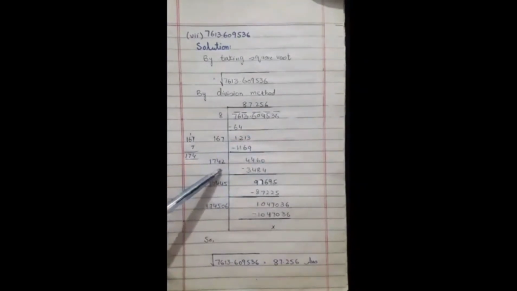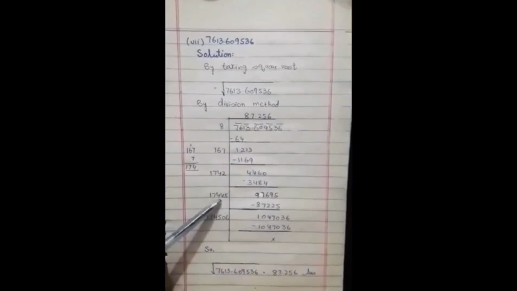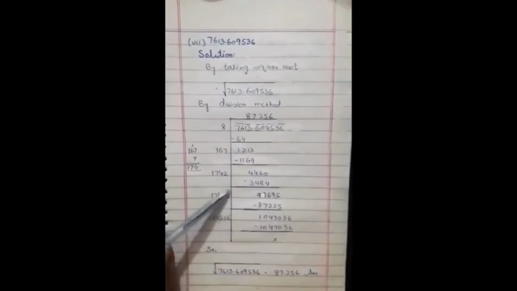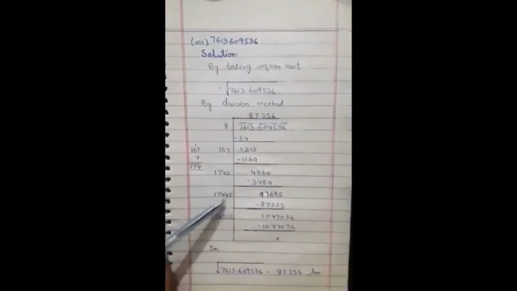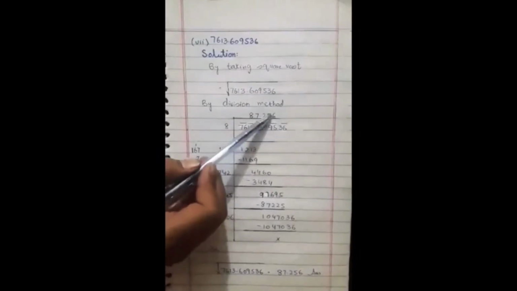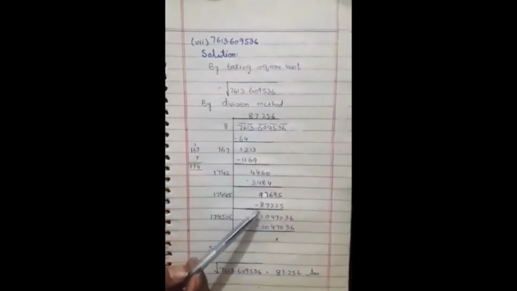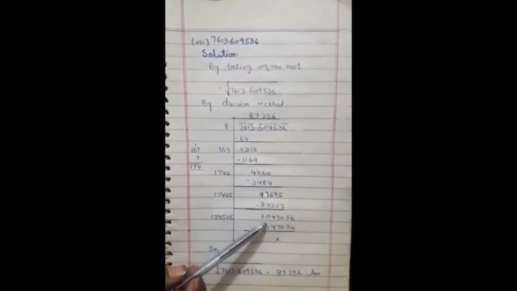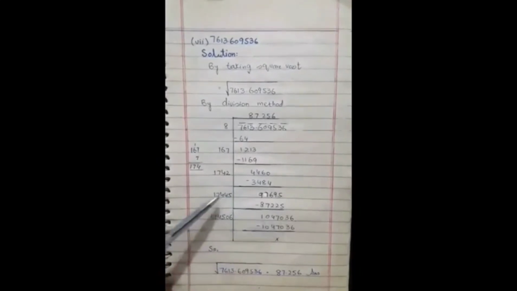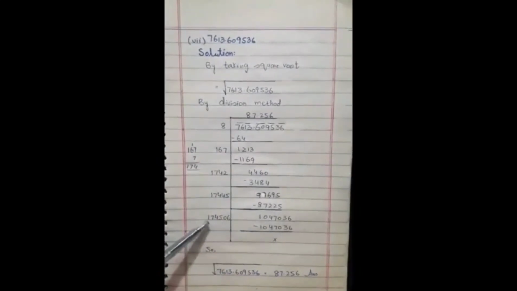Double the value, it becomes 1744. Now take another digit with 1744, which is 5, and then multiply 17445 with 5 and get 87,225. Now subtract the values and the answer is 10,470. Now double the value and the value becomes 17,450.